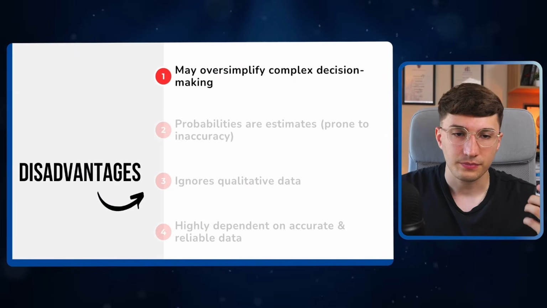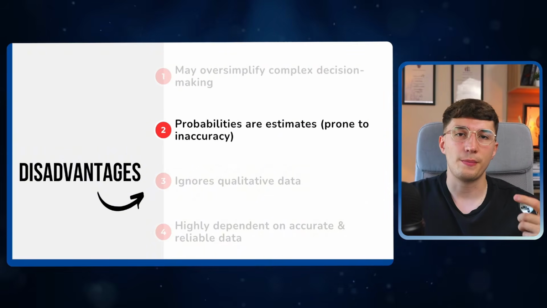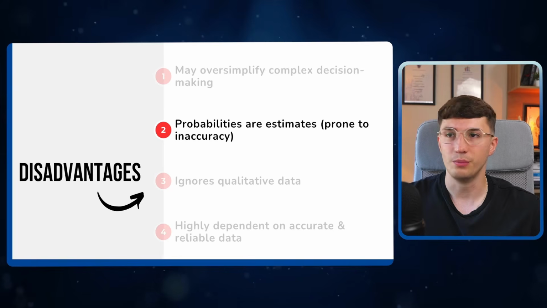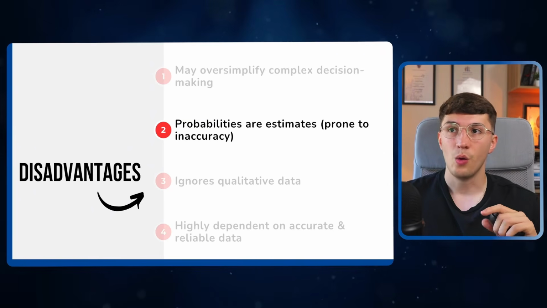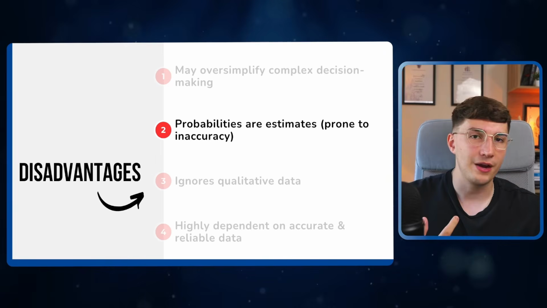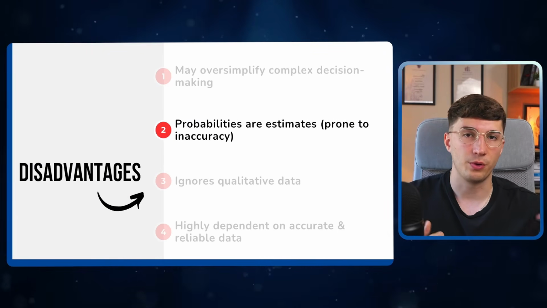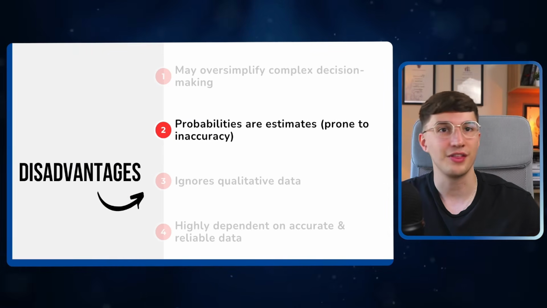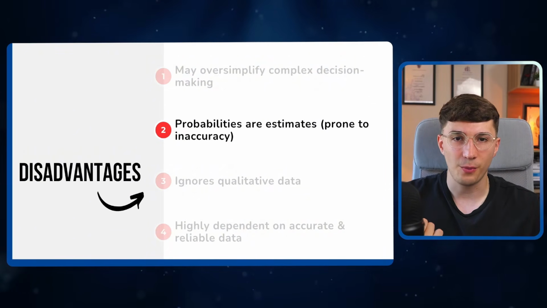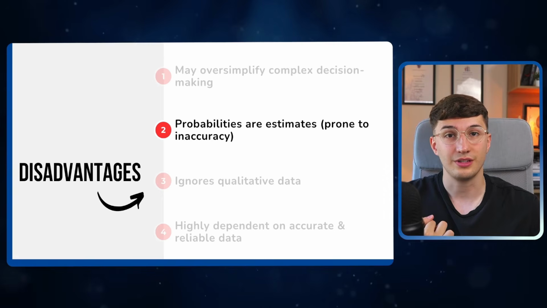And as well, we've obviously included the probabilities, but you need to ask the question, where have these probabilities come from? Who made the probabilities? Was it software? Was it people who made it? What's the experience of those individuals who came up with those probabilities? Are they an intern? Are they senior management? It's therefore important to note that these probabilities may be prone to inaccuracy.